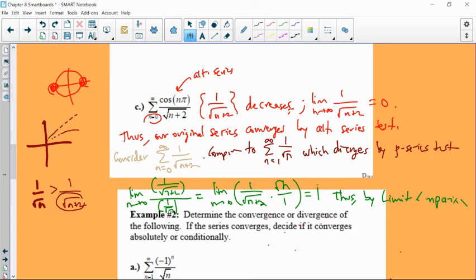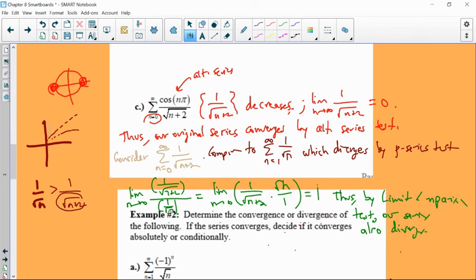Thus, by limit comparison test, our series also diverges. So what did that tell us?